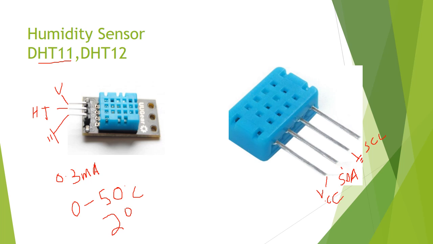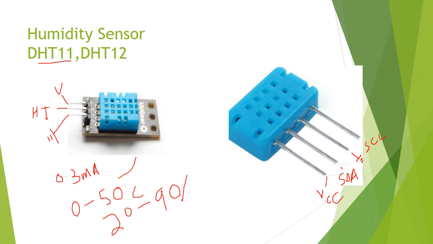So the major focus is the measurement of humidity. It won't focus more on the temperature part. This is an additional advantage, and if we are measuring the temperature for weather conditions or anything like that, on that basis it's preferred.